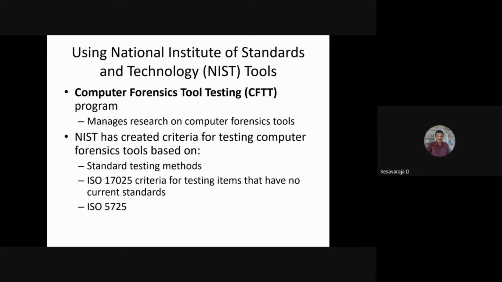The hash code is matched with NIST library data, and then it creates a comparison report: which hash codes are matched and which are not matched. The entire report is provided. So this is one of the tools, computer forensics tool testing.